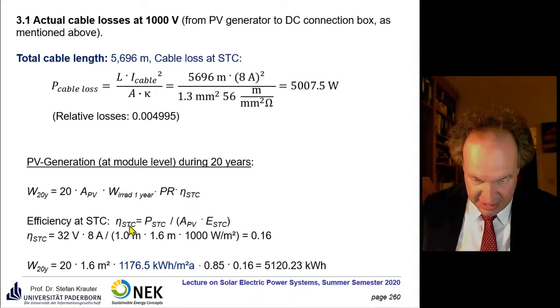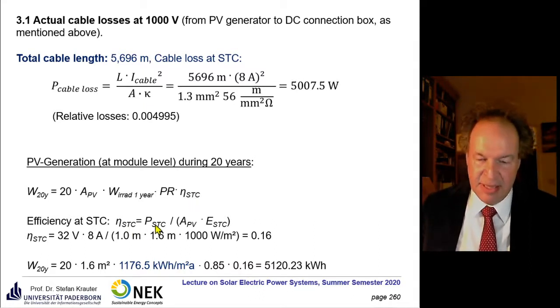Let's calculate that quickly. That is the power under standard test conditions divided by the area divided by the irradiance under standard test conditions. So the power is 32 times 8 amps. The area is 1.6 square meters, and the irradiance under standard test conditions is 1000 watt per square meter. So altogether we have an efficiency of 16%.